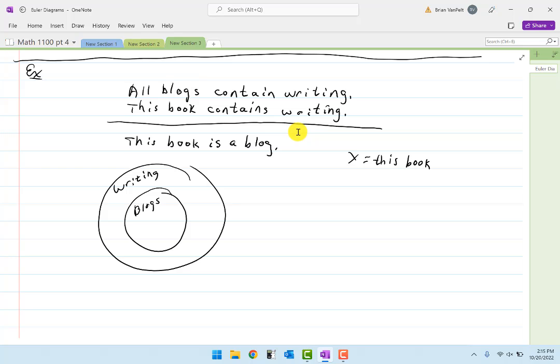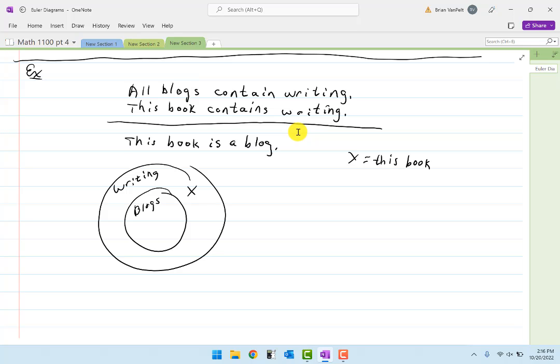Now, if X were inside of blogs, that would be fine. But nothing in the first two lines tells me that X can't lie there. It could lie outside of blogs, but it has to be inside of the writing circle. We just happen to know that there are some writing things that happen not to be blogs. There's no guarantee then that this X should be forced to be inside the blog circle. So whether the thing is a blog or not is irrelevant.